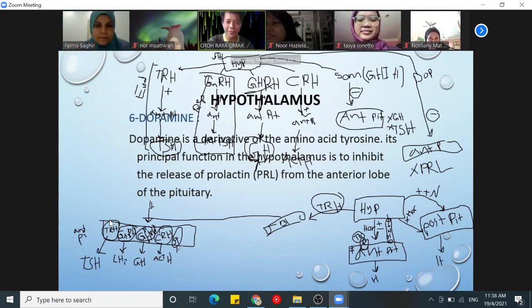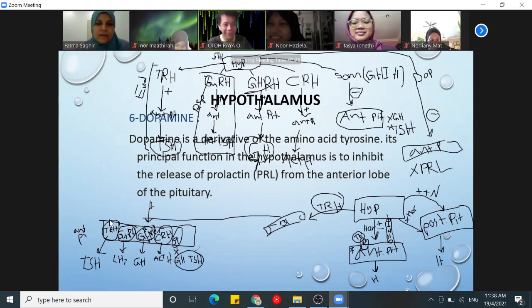It will inhibit the anterior pituitary gland. Growth hormone and the thyroid hormone. TSH. Good. Not thyroid hormone exactly. TSH, thyroid stimulating hormone. Okay, very good.